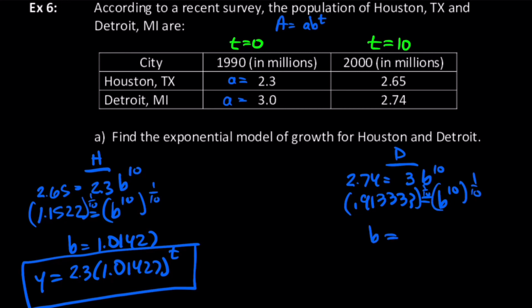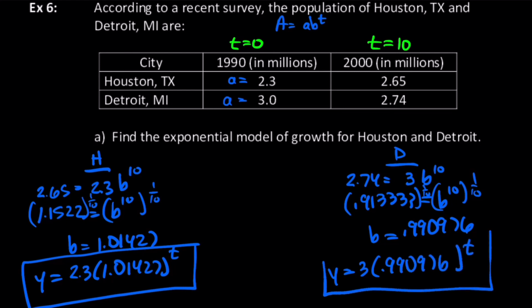And here b is 0.990976. So this model is y equals 3 times 0.990976 to the t. So obviously, you can tell from the chart, Houston is growing because its b value is greater than 1. And Detroit is shrinking because its b value is less than 1.